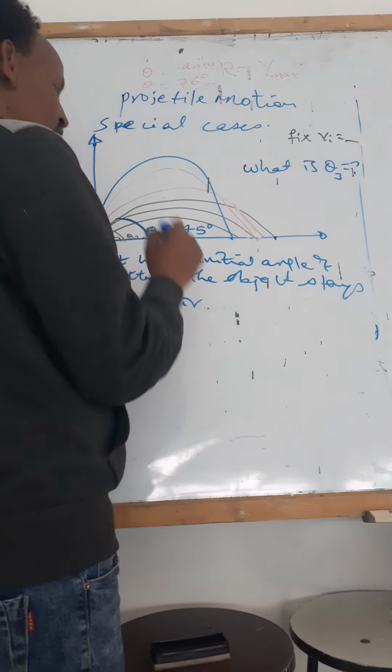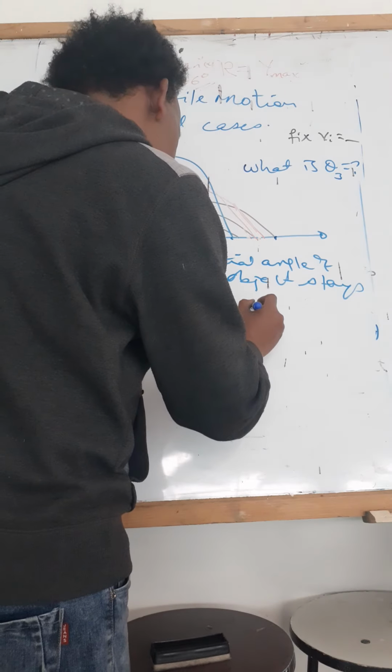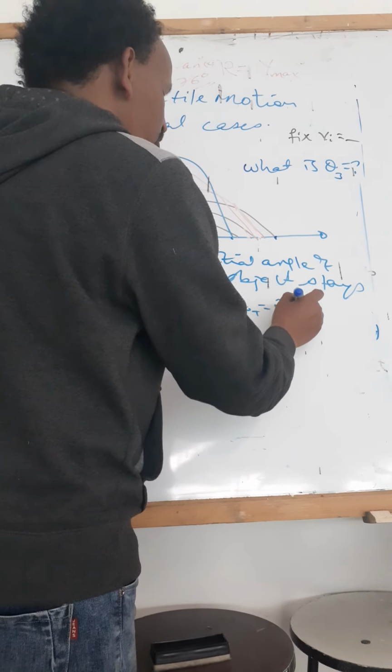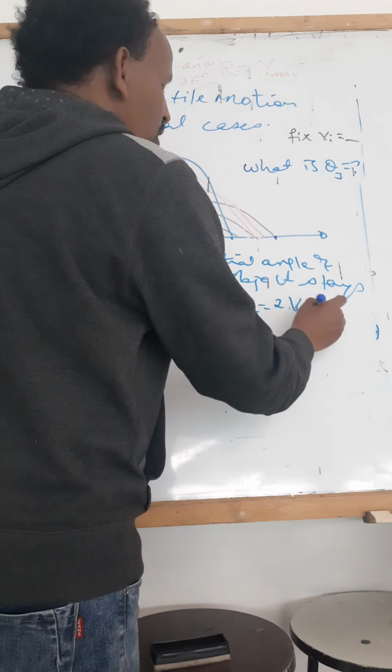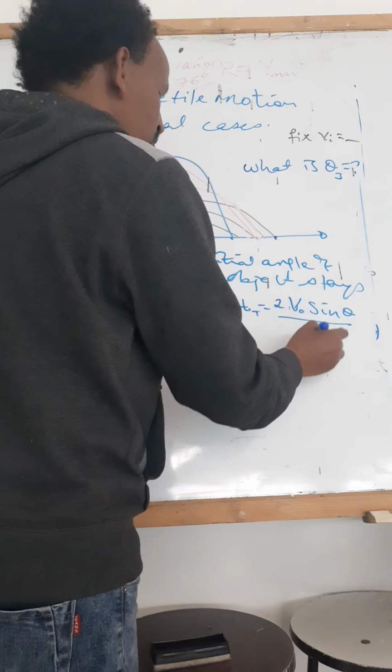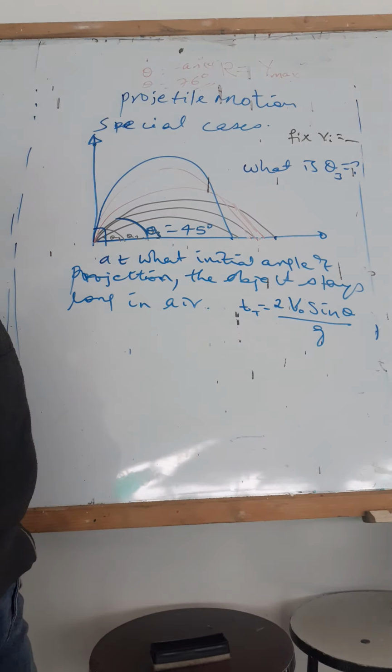Which means T total is, we know, twice v naught sine theta over g.